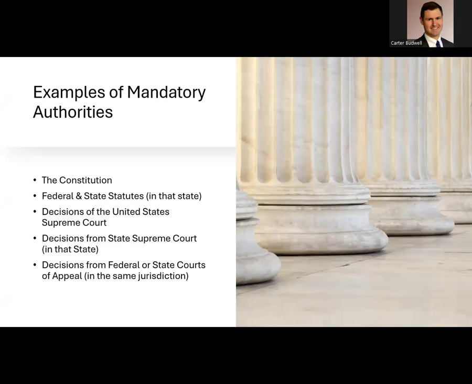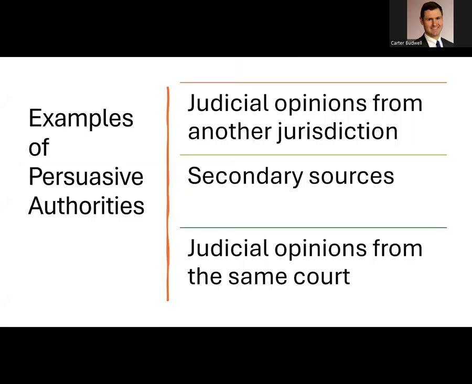State constitutions are mandatory in the states where you're practicing, as long as it's the same constitution for that state. Federal and state statutes, decisions of the United States Supreme Court, decisions from a state Supreme Court in that state, and decisions from federal or state courts of appeal. And that's within the same jurisdiction, obviously.